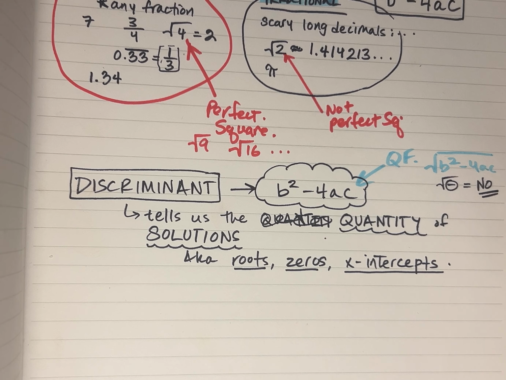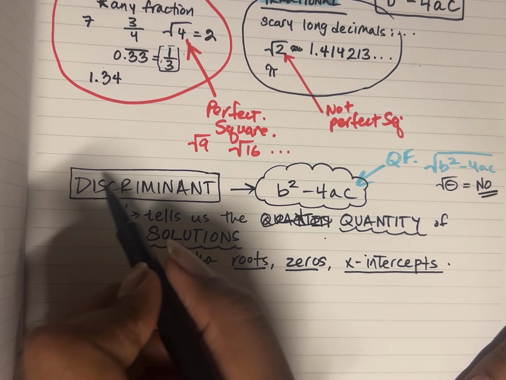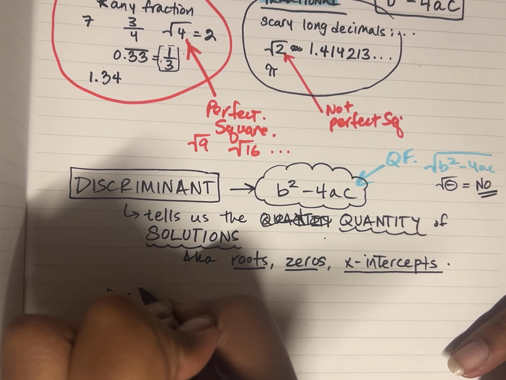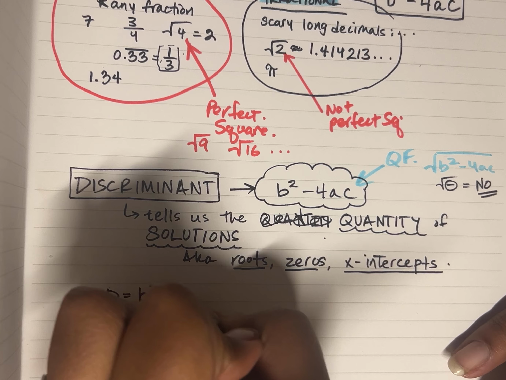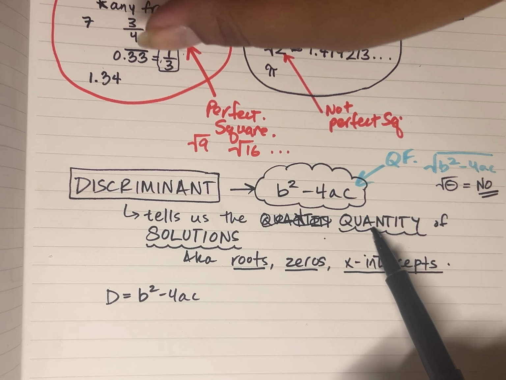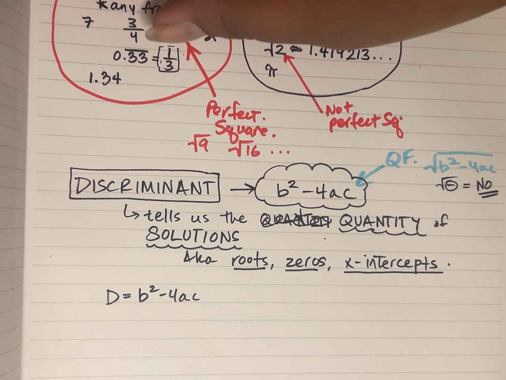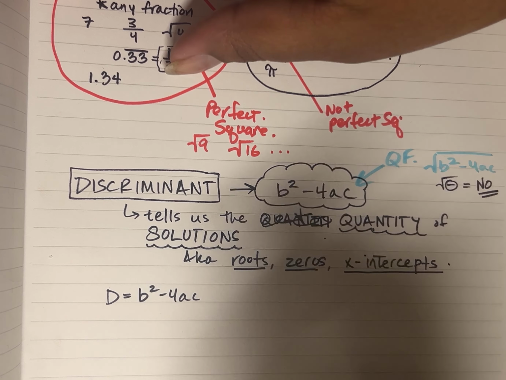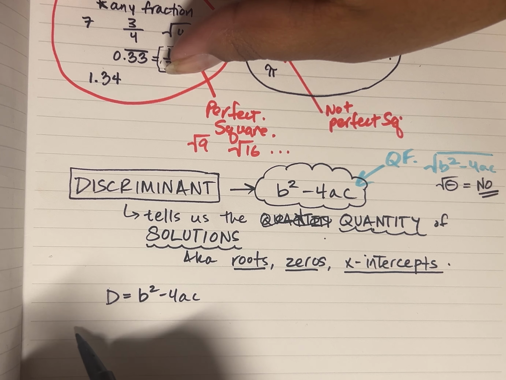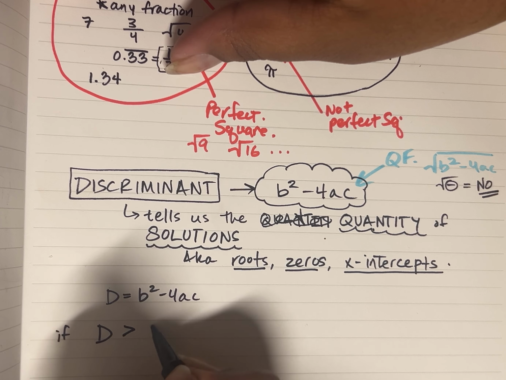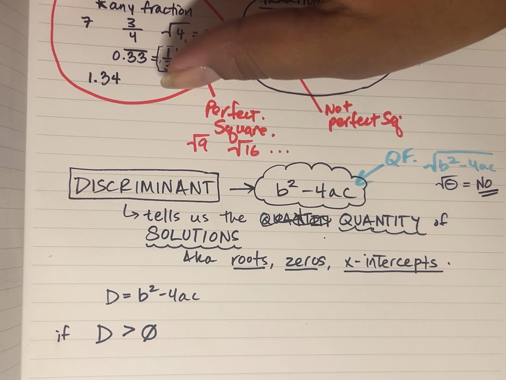This is, again, the answers to our question. So the discriminant, and we're going to be using the letter D for discriminant. D is equal to my b squared minus 4ac. Again, it just tells me how many I have for my question and how many of what type of solutions I have. Okay. So if D is greater than 0, what kind of number is that?